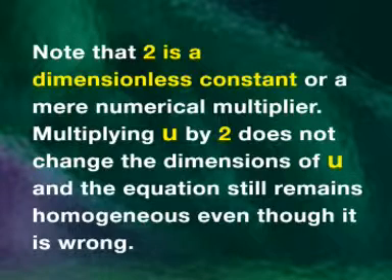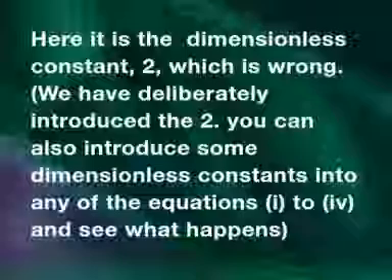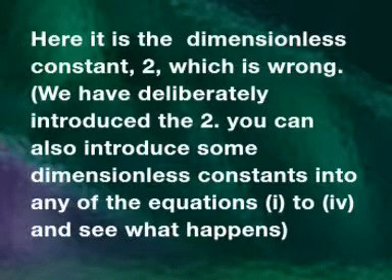Note that 2 is a dimensionless constant, or a mere numerical multiplier. Multiplying u by 2 does not change the dimensions of u, and the equation still remains homogeneous, even though it is wrong. Here it is a dimensionless constant 2 which is wrong. We have deliberately introduced the 2. You can also introduce some dimensionless constants into any of the equations 1 to 4 and see what happens.